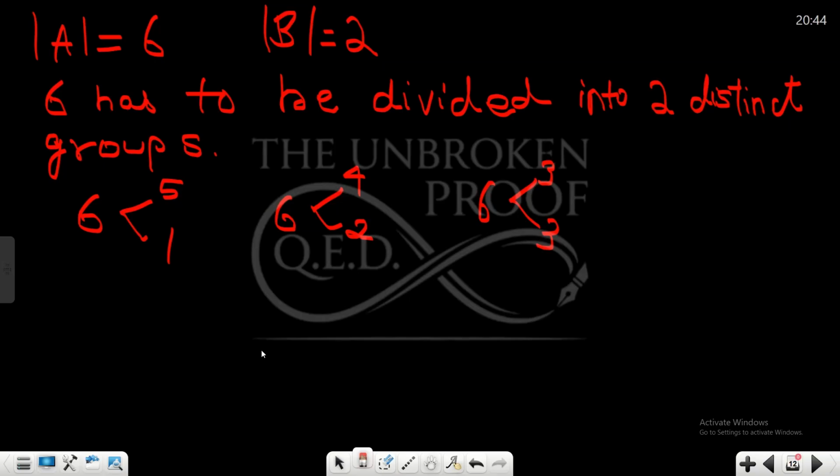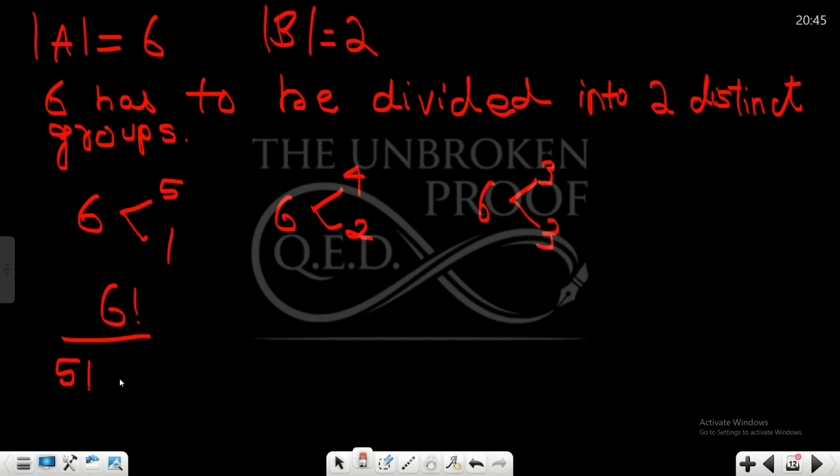For distribution into groups, the number of such distributions for the first case would be 6 factorial by 5 factorial into 1 factorial, and since the reverse is also possible, you multiply by 2, and finally you get this answer as 12.